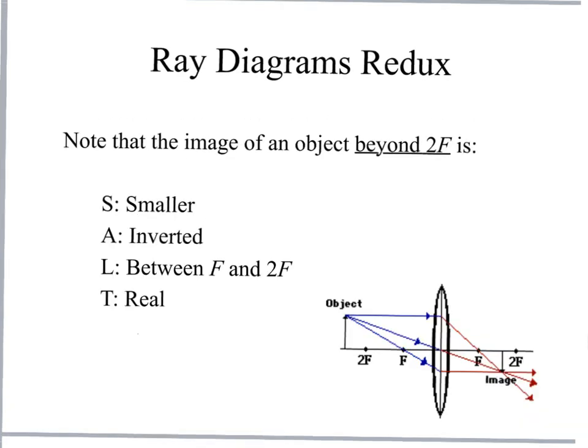So here is that image again, and just like mirrors, you can use the same rules for the object being placed anywhere before F. Once we have an object on F or in front of F, the situation changes again, just like it did with our mirrors.